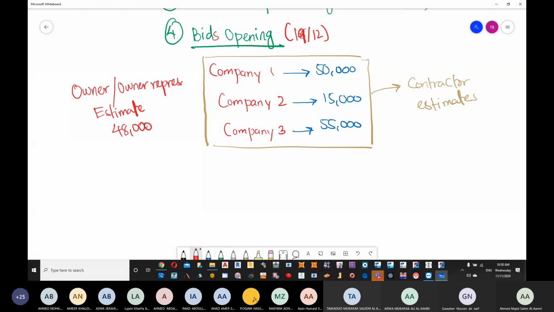It's very huge compared to the owner estimate. Okay, so once again, the lowest offer is not always going to be good. Do you agree that the lowest offer is not always going to be good?